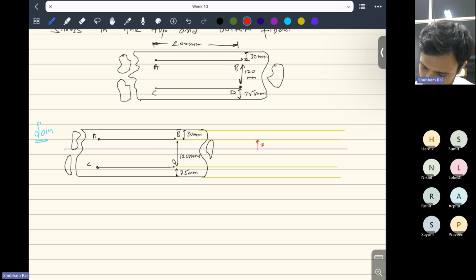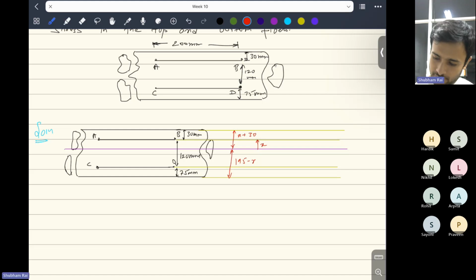If this is x, this will be x plus 30. And if this is x plus 30, total length is how much? 120 plus 30 is 150 plus 75. So that is 225. 225 minus 30 will be 195 and minus x. So this distance will be 195 minus x, right?